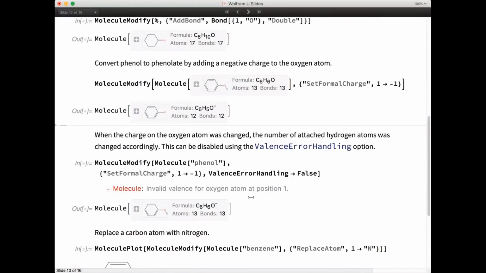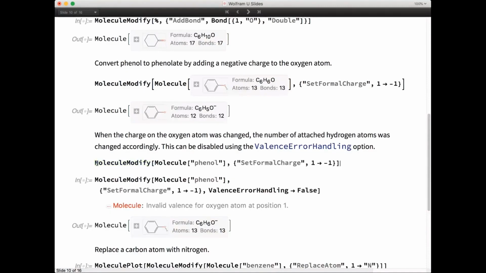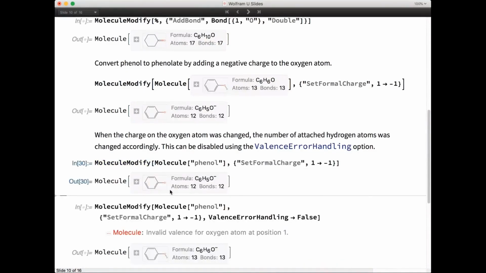Generally speaking, it will try and fix valence errors when you work with it. So if you took phenol and you wanted to set the formal charge on an oxygen atom to -1, then by default it's going to get rid of that hydrogen atom to avoid a valence error.